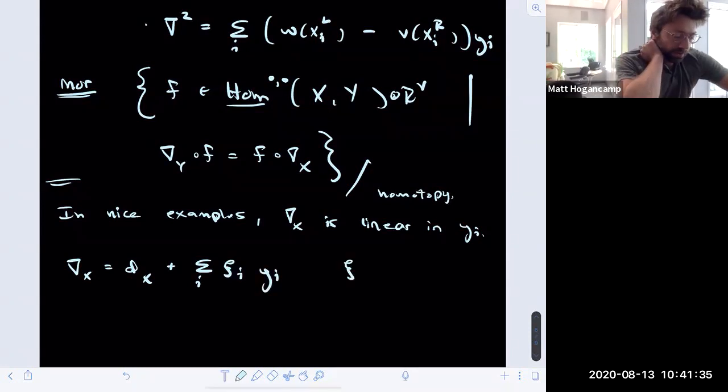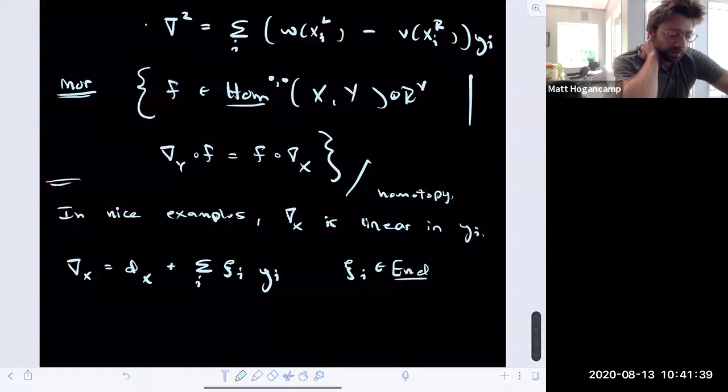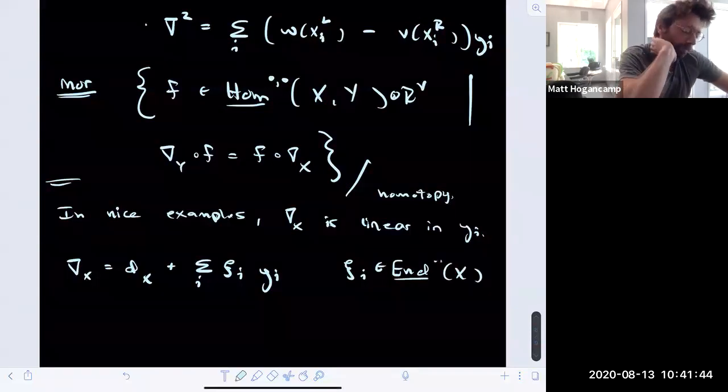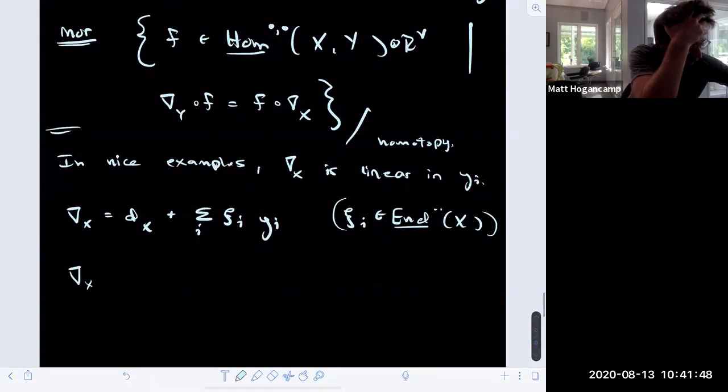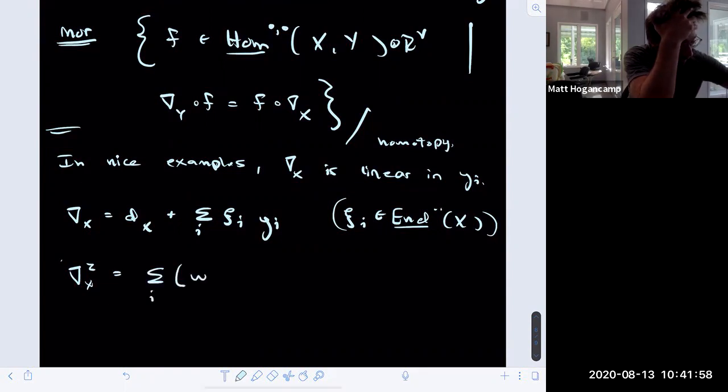And just to remind you, these c_i's are endomorphisms really of the complex X. And then the equation that nabla squared is what we want it to be: W of xi on the left minus V of xi on the right.